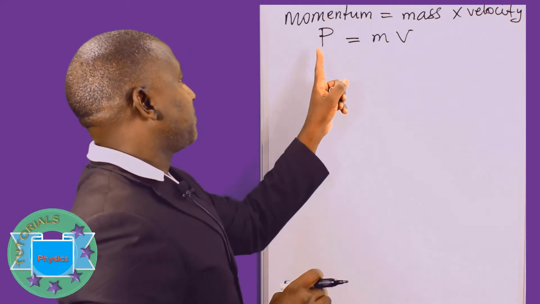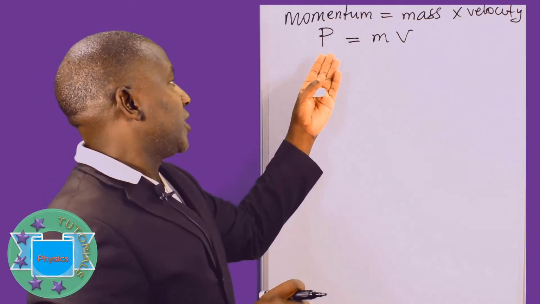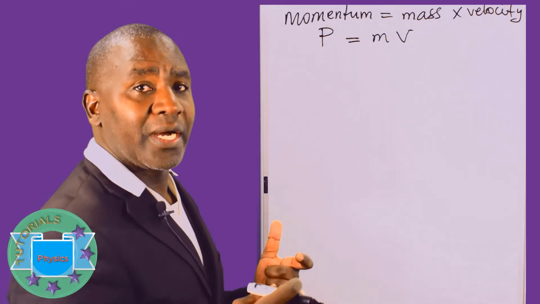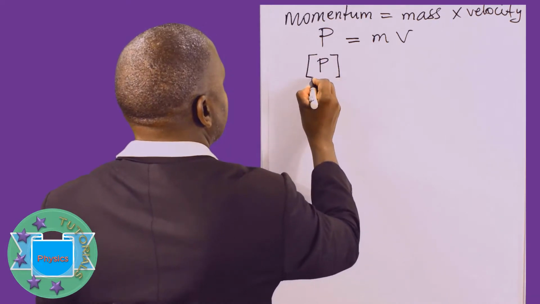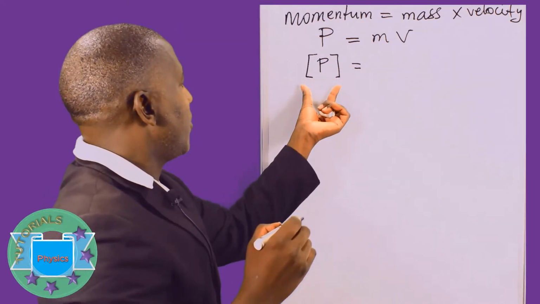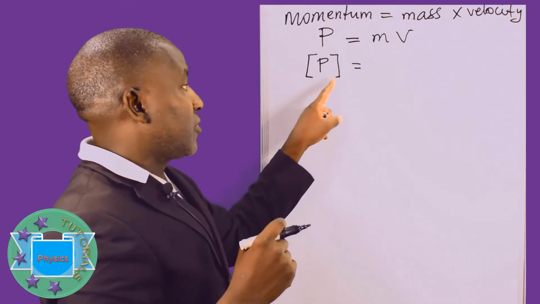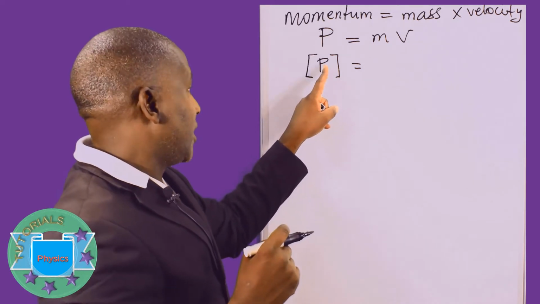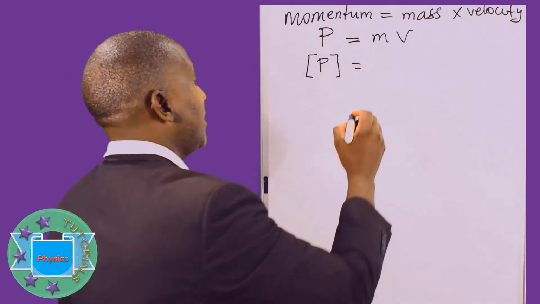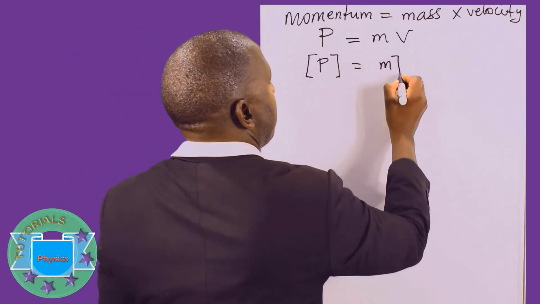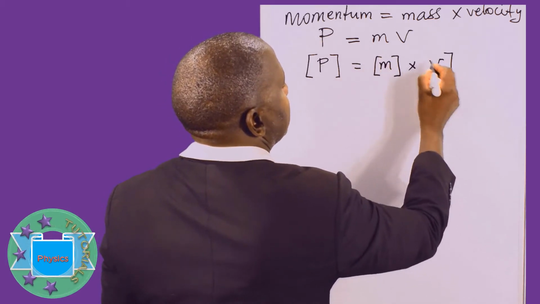Now, the SI units. What are the SI units of momentum? The SI units of momentum are also derived. How are they derived? So I will say the units of momentum. This is how we write the physical quantity when we want to talk about its units. We put the symbol for the physical quantity in these square brackets, and then we look at the units of mass multiplied by the units of velocity.